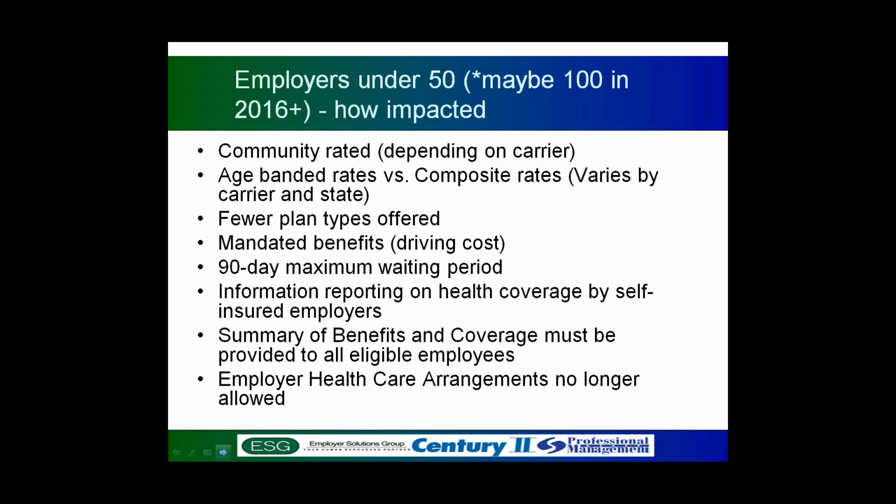Also, plans may have age-banded rates versus composite rates. For instance, under an age-banded plan, you may have a 20-year-old, a 30-year-old, and a 40-year-old that are all insured under the plan, but they will each have rates dependent upon their age. And so the 20, 30, and 40-year-old will all have different rates.